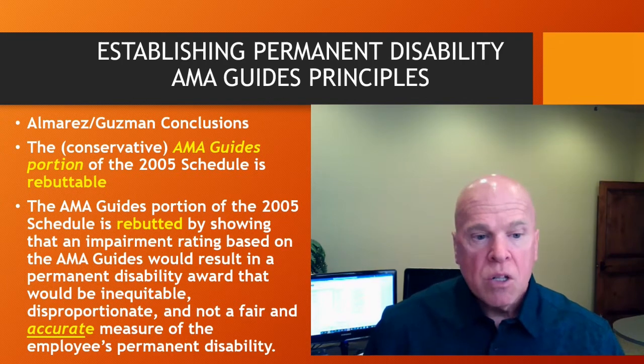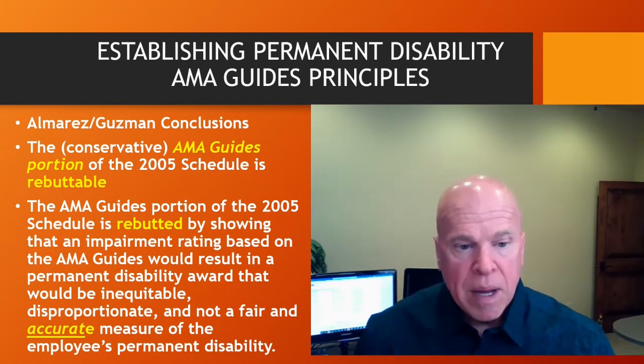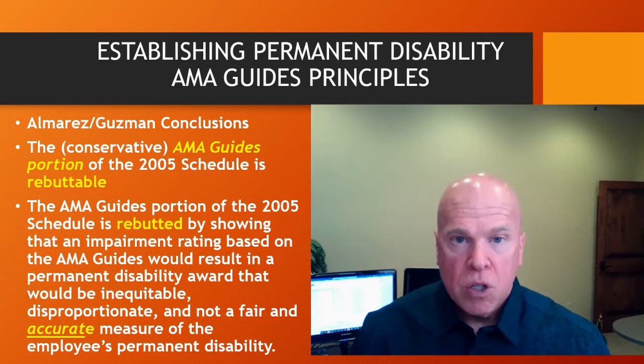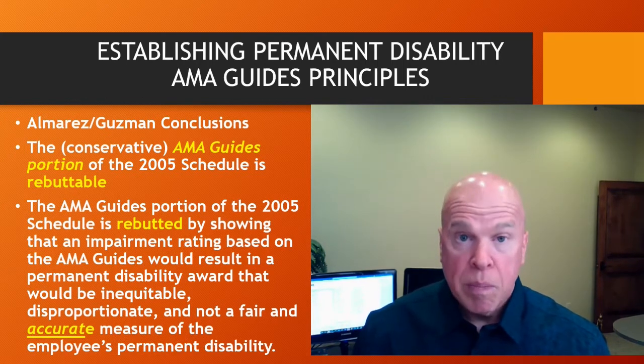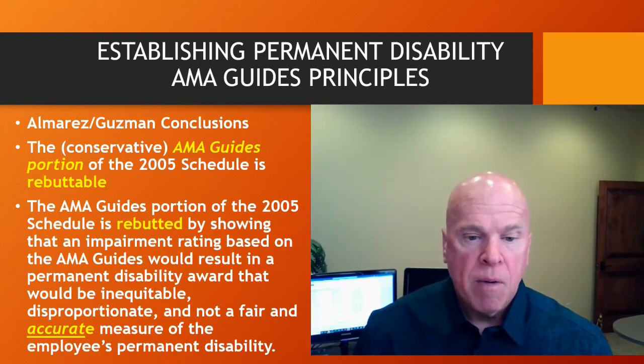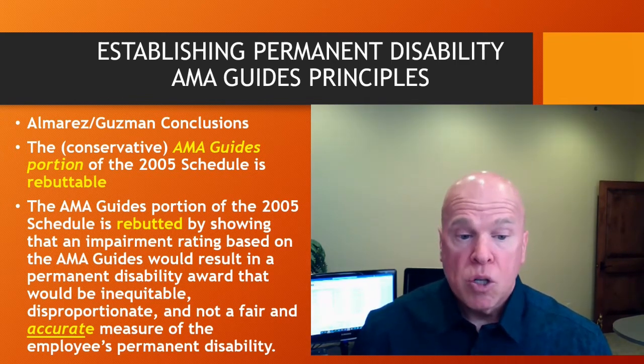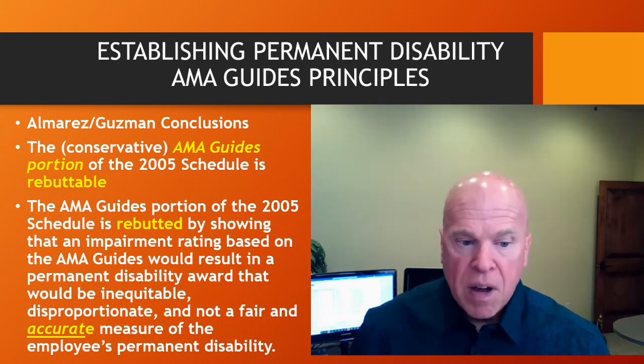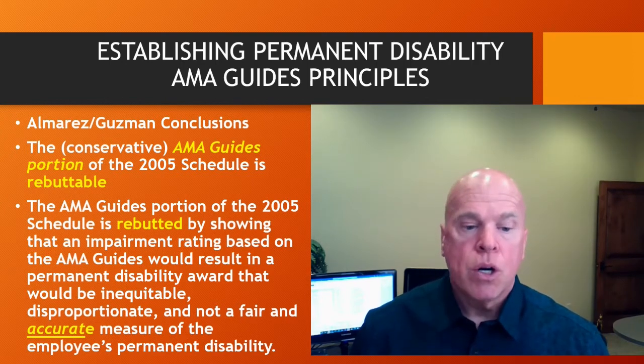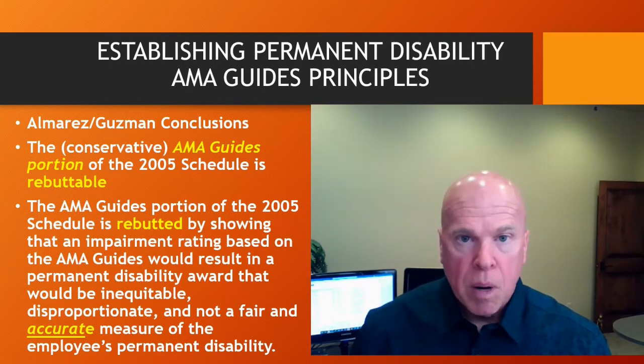They go on to tell us under Almaraz and Guzman that the AMA guides portion of the 2005 schedule can be rebutted by showing that an impairment rating based on the AMA guides would result in a permanent disability award that would be inequitable, that would be disproportionate, and would not be a fair and accurate measure of the employee's permanent disability.